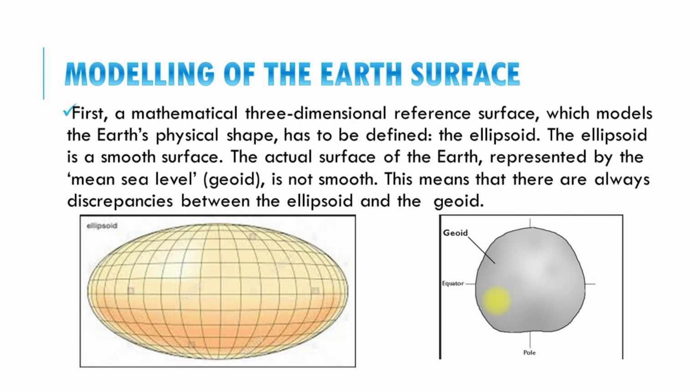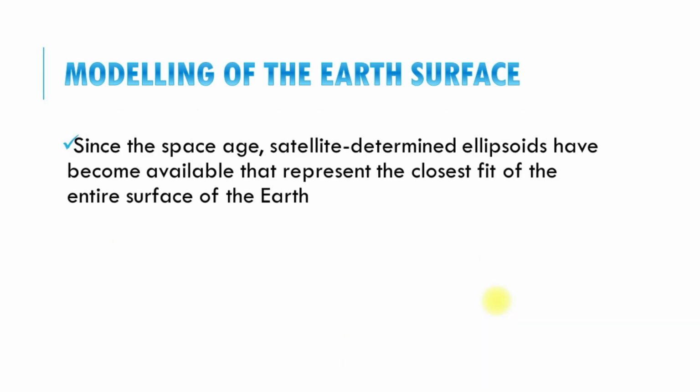It's a geoid, which has an uncertain shape, and sometimes over time it changes, and geographers and mathematicians always create new forms of our Earth, new ellipsoids which give the best approximation in a certain region or at a certain time. Modeling of the Earth's surface.